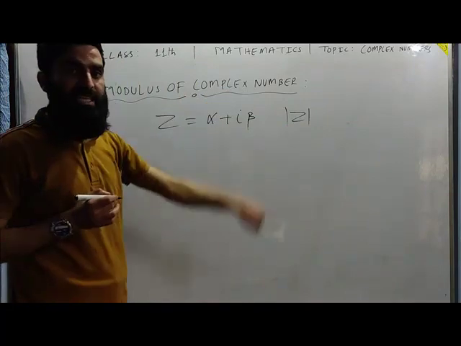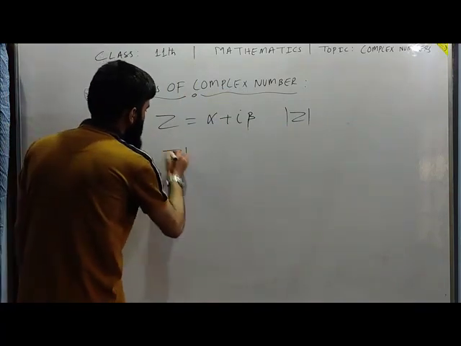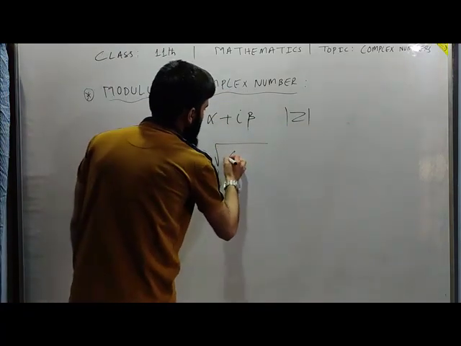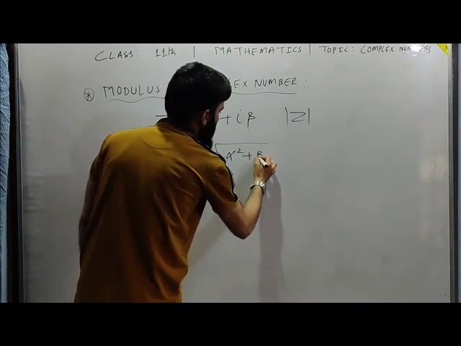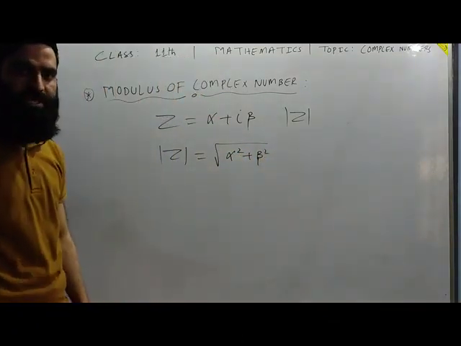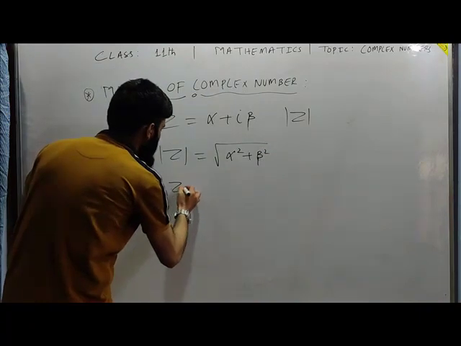Mod of z is given by the square root of alpha square plus beta square.